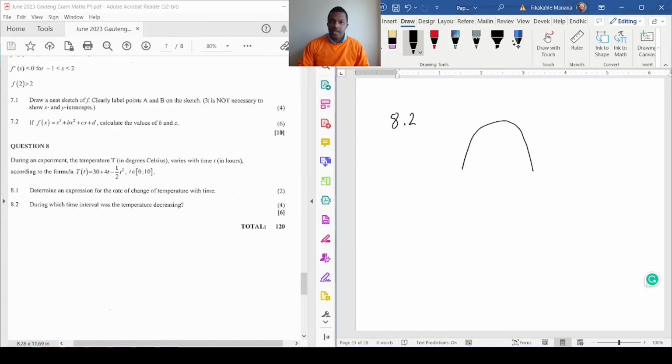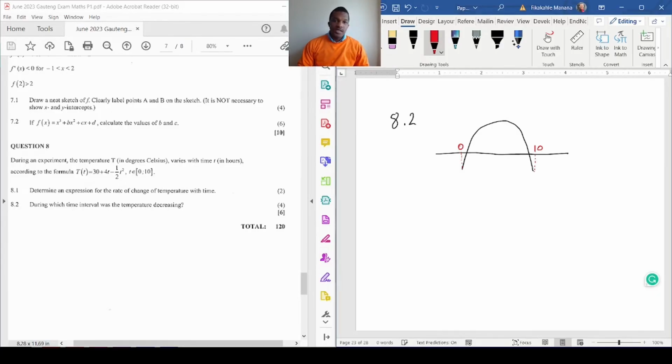Now, let's say we have our Cartesian plane over there. We are told that this graph starts at 0, and then it ends at 10.